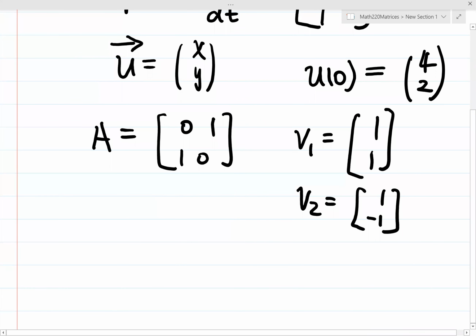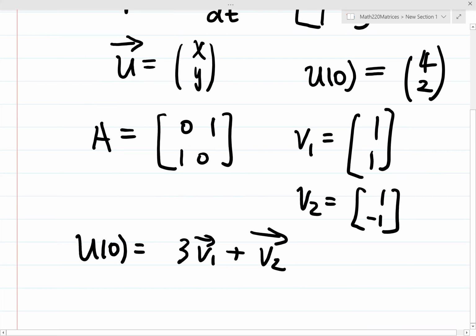So see the initial value. The initial value u0 is 3 v1 plus v2. You can easily check.